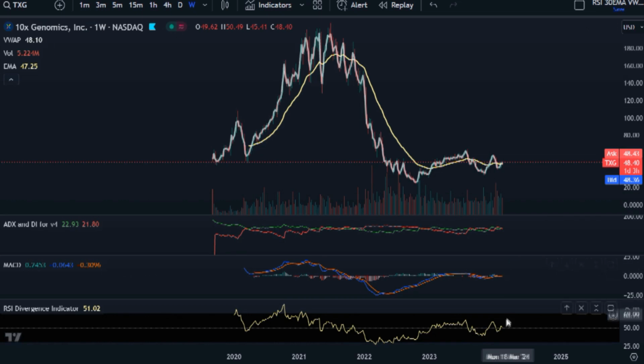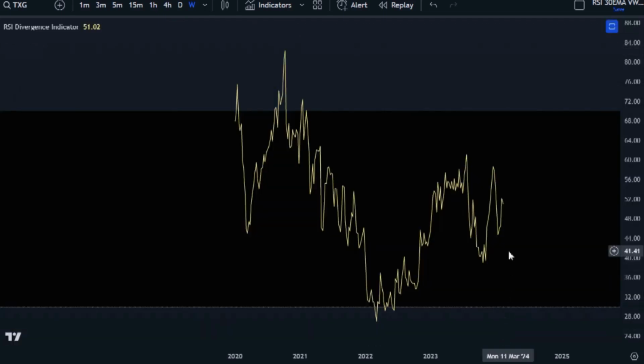Next we'll look at the RSI, the relative strength indicator. This is a popular oscillator used in technical analysis to assess the speed and change of price movements in the financial market. It will indicate an overbought or an oversold situation. And the trend for this, as you can see, is trending upwards. So this is a good indication.